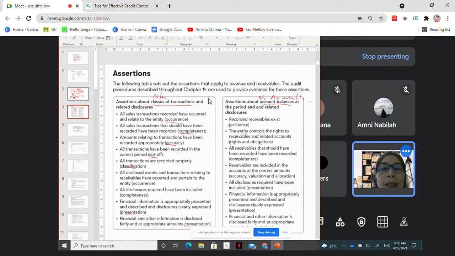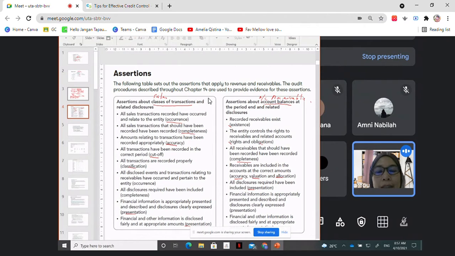Then account receivable should have been recorded, so completeness, accurate valuation and allocation, and correct presentation. Those are the assertions you have to look into when you audit the sales and account receivables of the company. Any question on that?